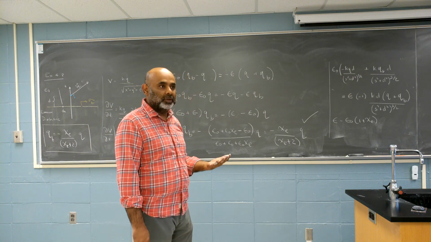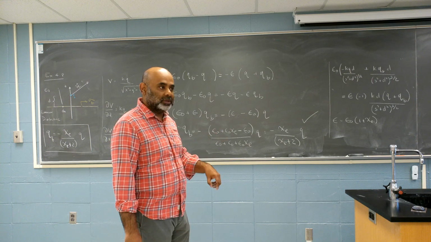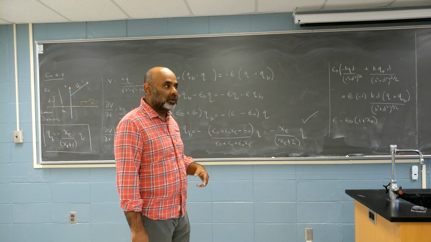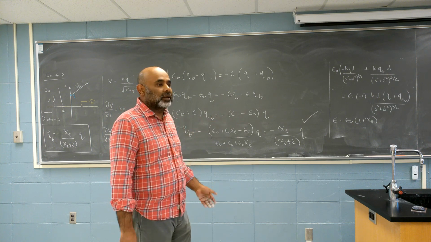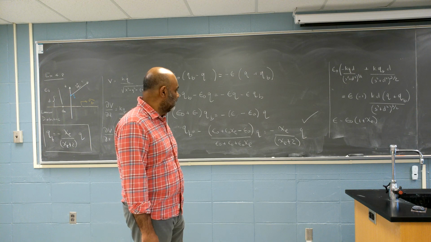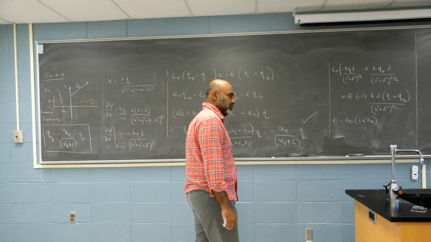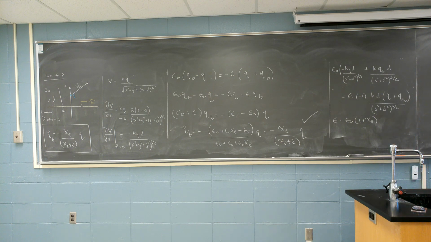So we have the unique answer. So for the top, you place the image charge on the bottom. For the bottom, you place the image charge on the top. Where else can we go? Very good.